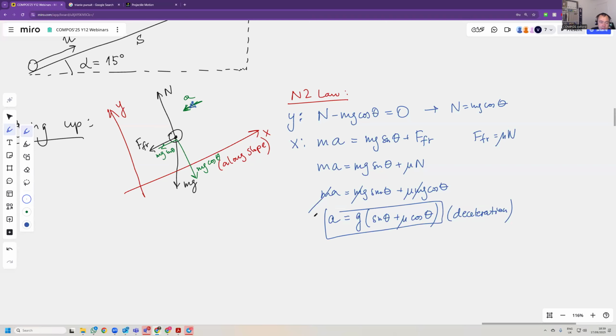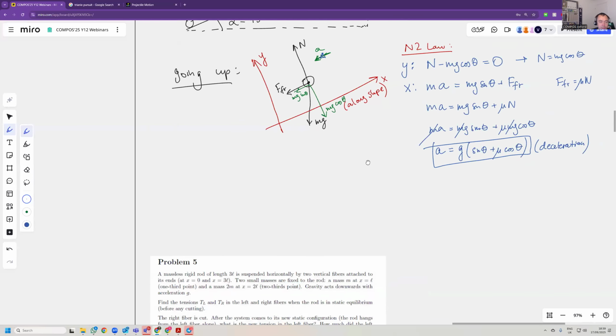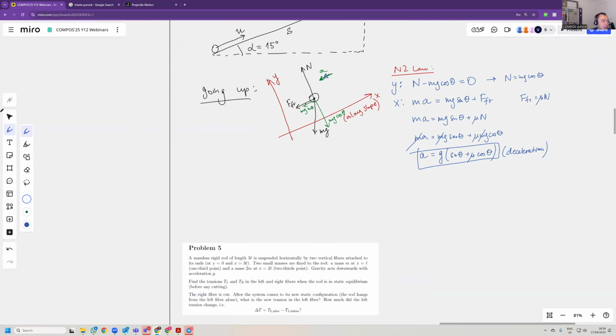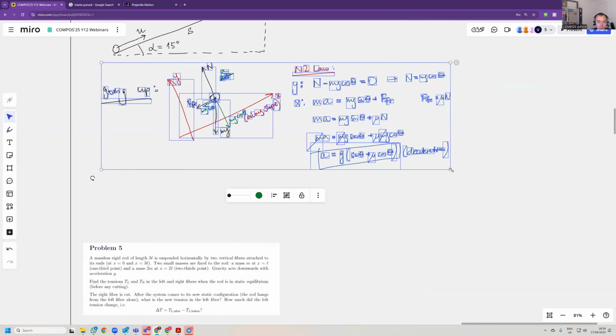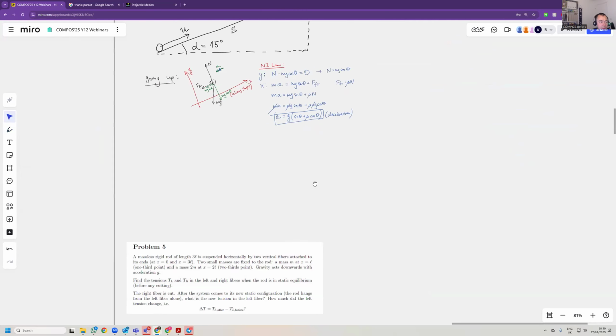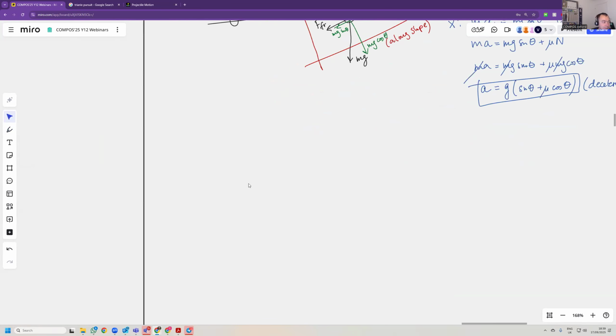Okay, now going down. Can I make it slightly smaller? Okay, going down. You have the same slope. This is the x-axis.